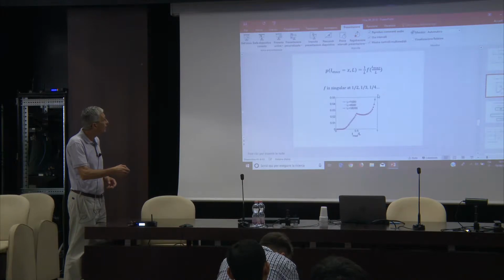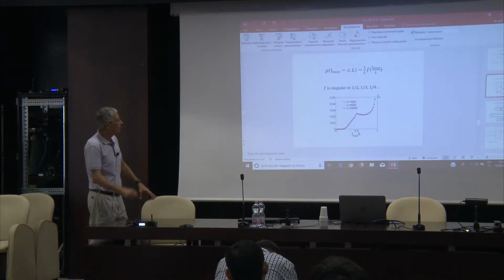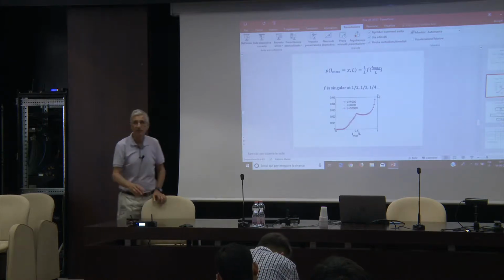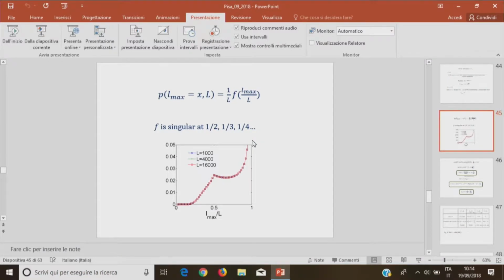That one. Yes. You see, when you look at L max, if L max is between a half and 1, suppose what is the probability of having a domain of size 3/4? You cannot have more than one like that, right? At most one.